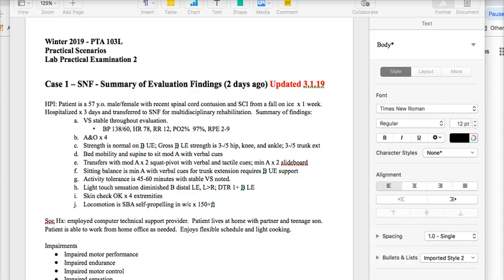So now you're able to see the three scenarios, one of which will be your patient, where you'll provide a skilled therapy treatment at the day of your examination.